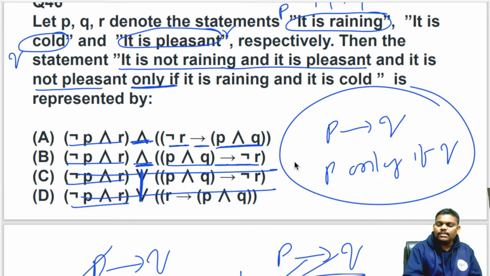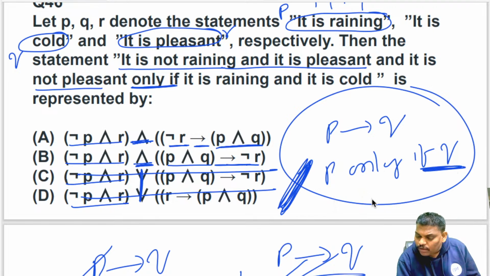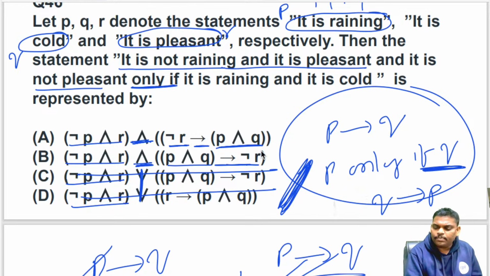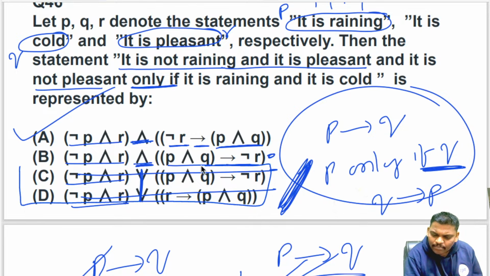This problem is based on this line. Do you know this line or not? If anyone doesn't know, if Q, they will do the reverse, Q goes to P, then option B. Are you getting it? So the answer is option A. If you do it the opposite way, Rohit, then the answer becomes B. P implies Q means P only if Q. These two are gone long time back.